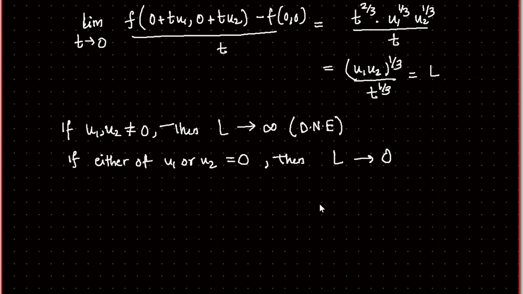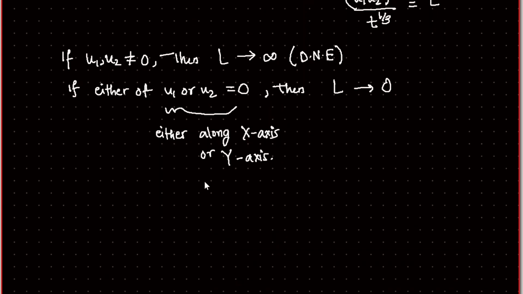So the only way the directional derivative can exist is when u1 or u2 is 0. What does that mean? That means either along the x-axis or y-axis, right? So only the partial derivatives can exist, because x-axis means u1 is 1 and u2 is 0. In case of the y-axis, we have u1 is 0, u2 is 1, right?